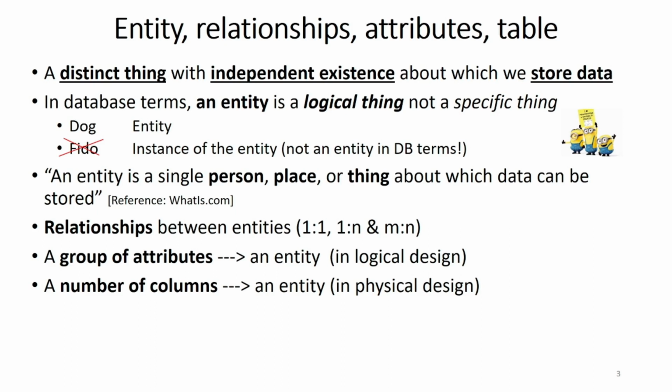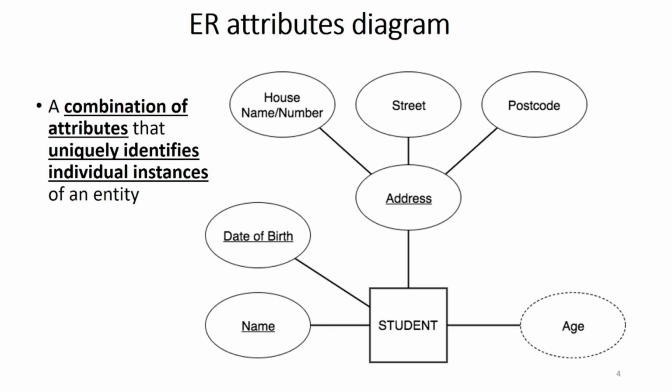Then, if you again recall, we define a group of attributes as an entity in logical design, and in physical design, a number of columns are defined as an entity. So this diagram shows the attributes linked with a specific entity, which we call the entity relationship attributes diagram.